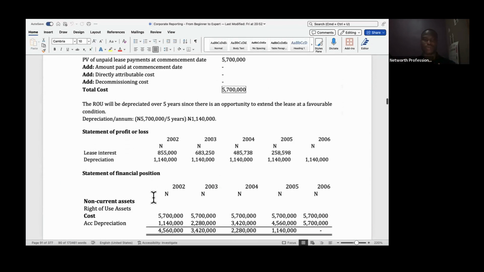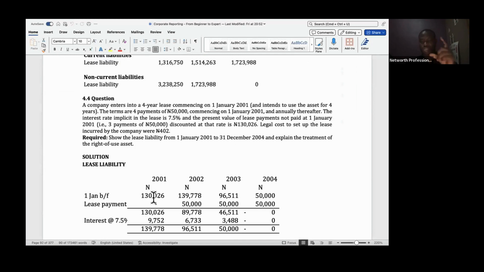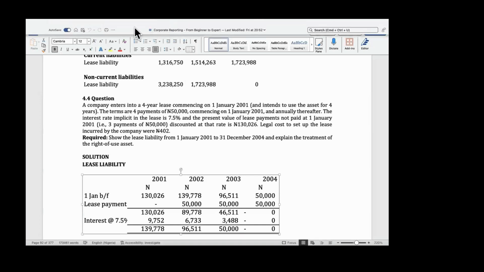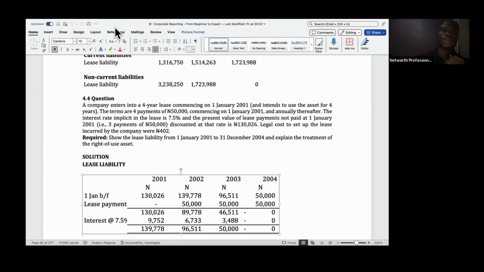The other question I looked at, the payment was made at the beginning of every year. In that situation, you see that in the first year, I did not deduct lease rental because the PV, this 130,000, wouldn't have even considered the initial payment. There's no way you can really do the PV of that because you're paying it now.